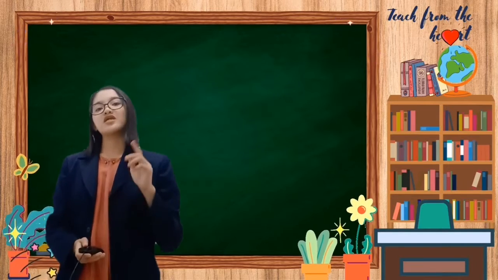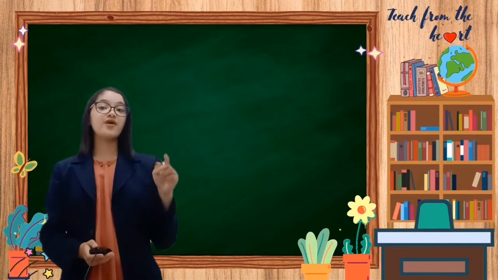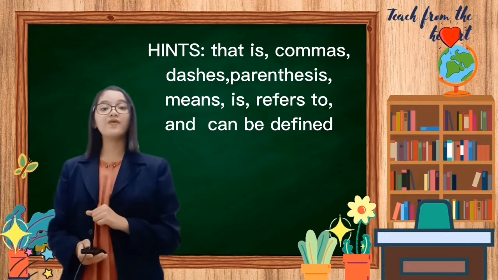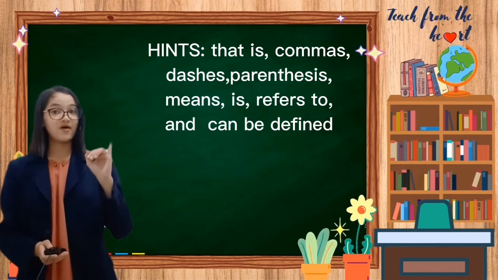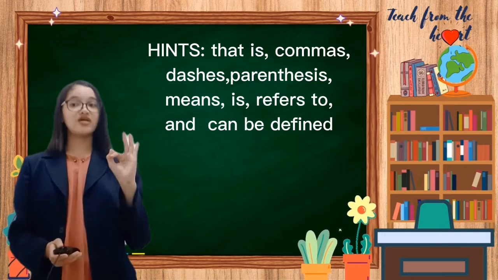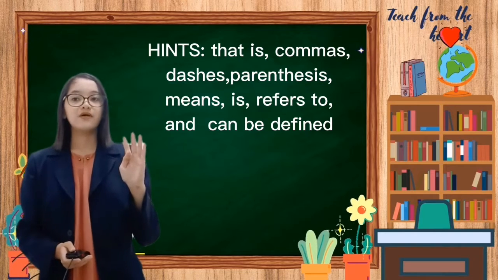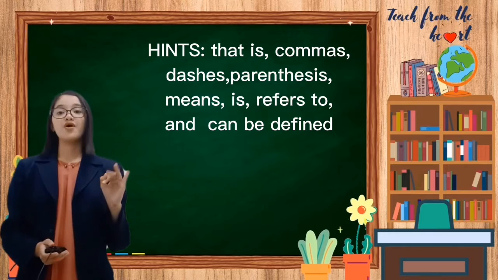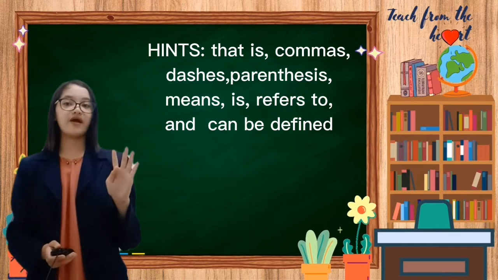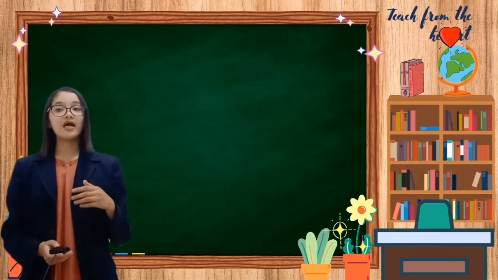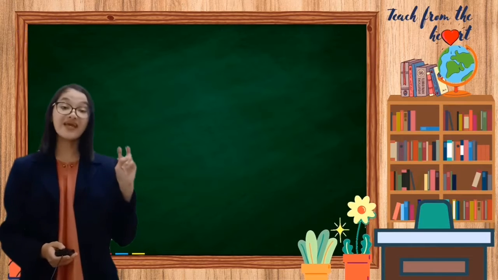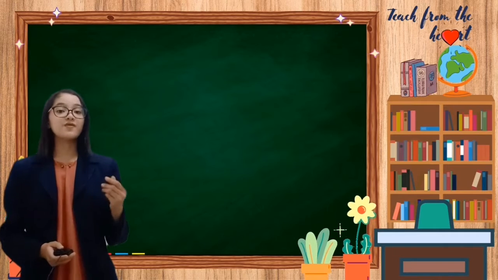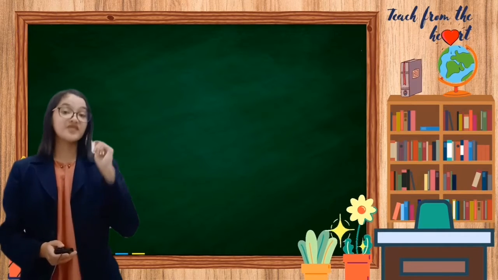Don't worry, because just like the others, definition or explanation clue has hints, including the words that is, or even commas, dashes, parentheses, and words such as means, is, refers to, and can be defined. Take note also that the unfamiliar word is already defined within the sentence. Again, it is already defined within the sentence.